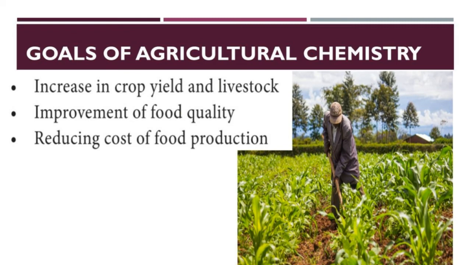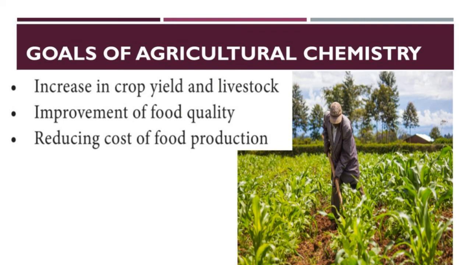Goals of agricultural chemistry. Chemists and biochemists applied their knowledge and developed modernized agricultural practices which involve the use of synthetic fertilizers, genetically modified crops and equipment. It aims at producing scientific, nutritious food and feeding the population in a sustainable way while being responsible stewards of our environment and ecosystem.